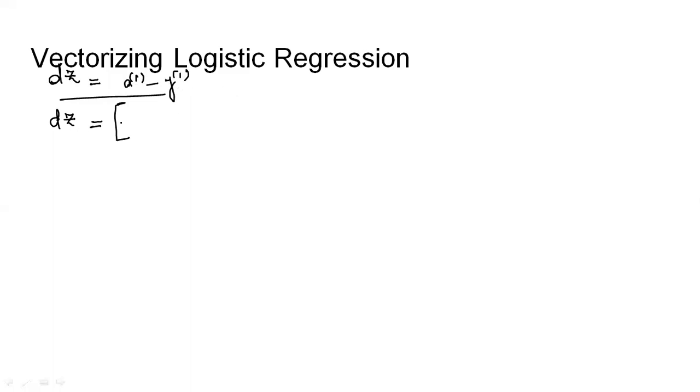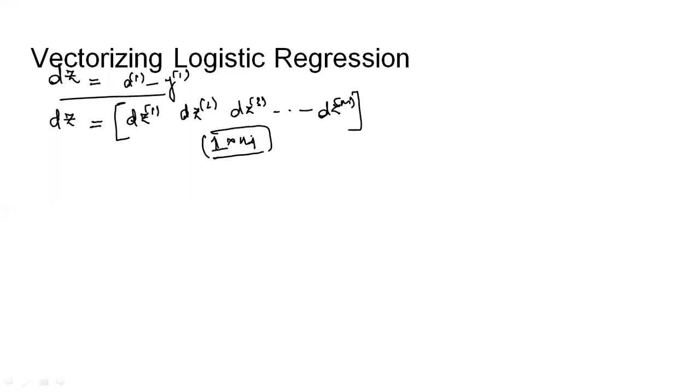So for dz also we will have dz equal to dz1, dz2, dz3, and that goes up to dzm, because overall we have m training examples. So the dimension of this vector would be 1 cross m. This is very clear to all of you who are watching this video lecture.